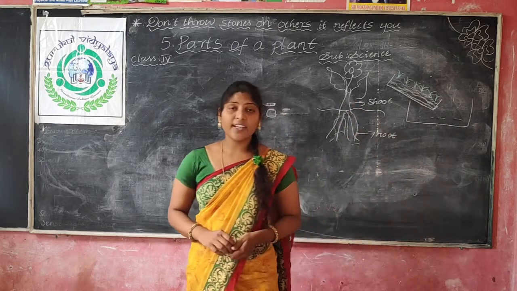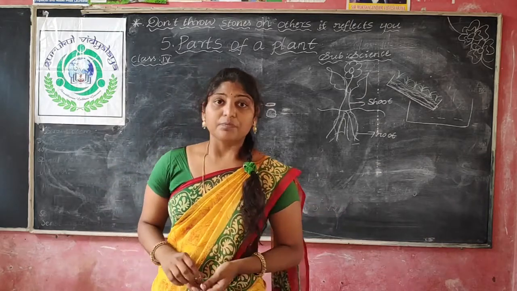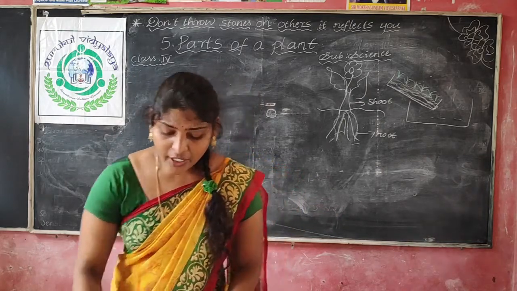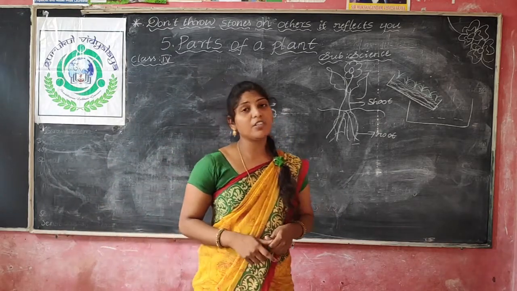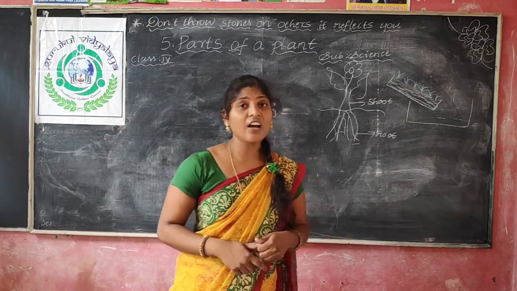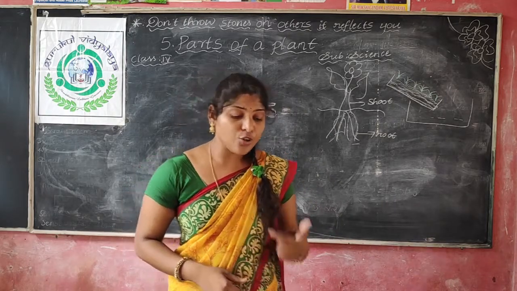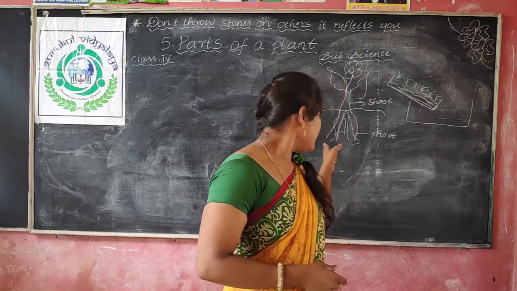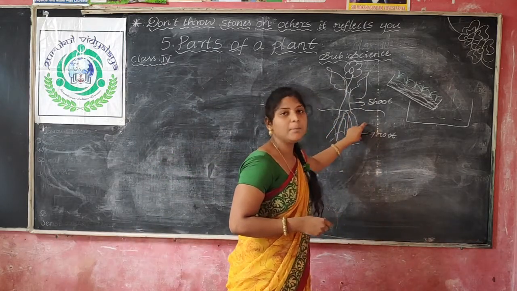So the shoot contains the flowers, buds, branches, everything. Each and every part of the plant has its own function, meaning its own job.